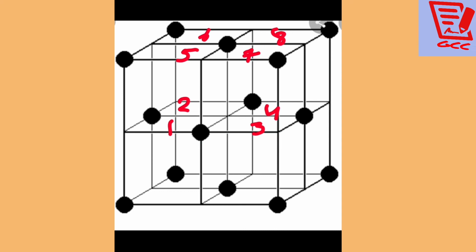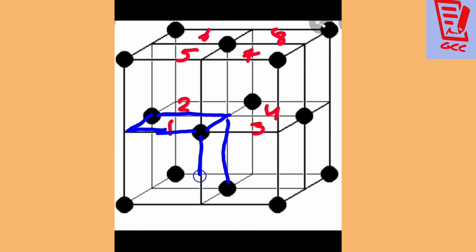Eight are there. Please see very carefully what I am going to tell you now. Beta, these are 8 cubes, and these cubes are called unit cells. Now look carefully, it is like this. Yes or no?